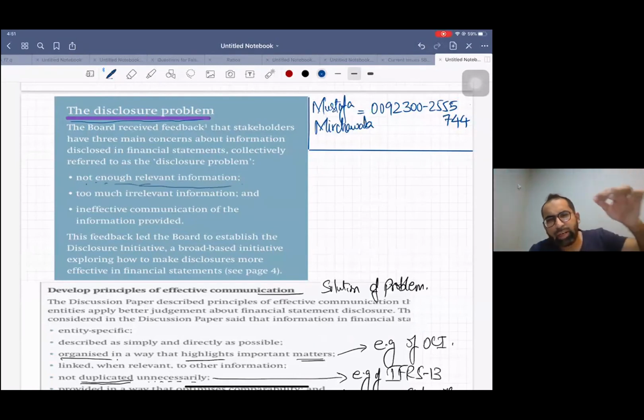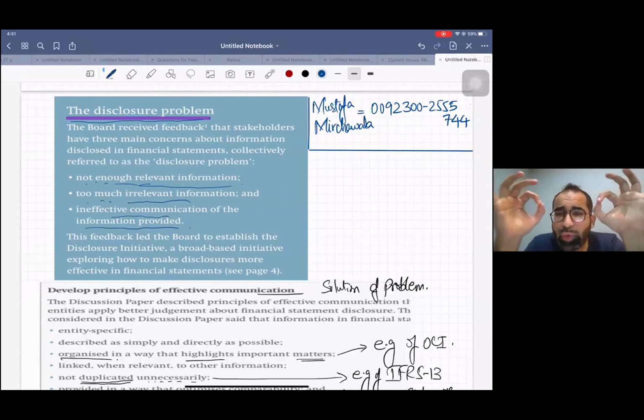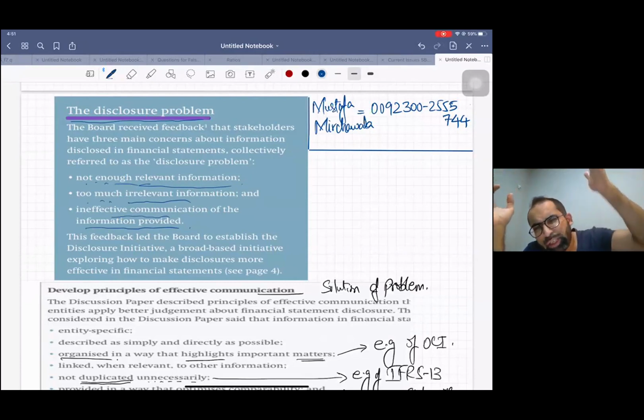The financial statement nowadays is full of irrelevant data, too much irrelevant information, and ineffective communication of the information provided. Even the communication is not effective. Now you may ask, sir, why do accountants make such detailed disclosures? Because they want to protect themselves as well.